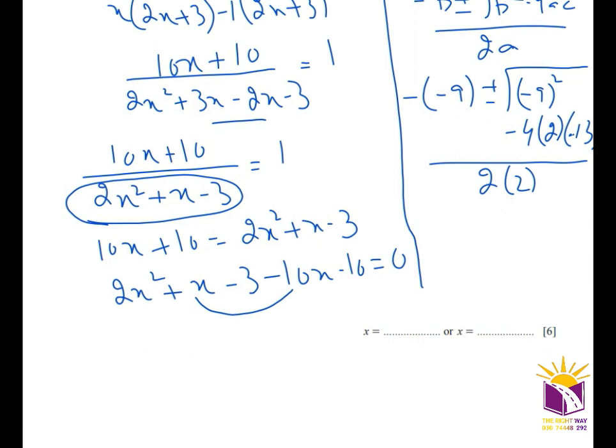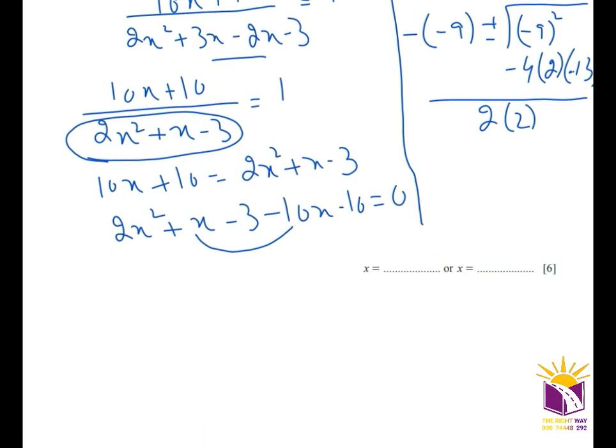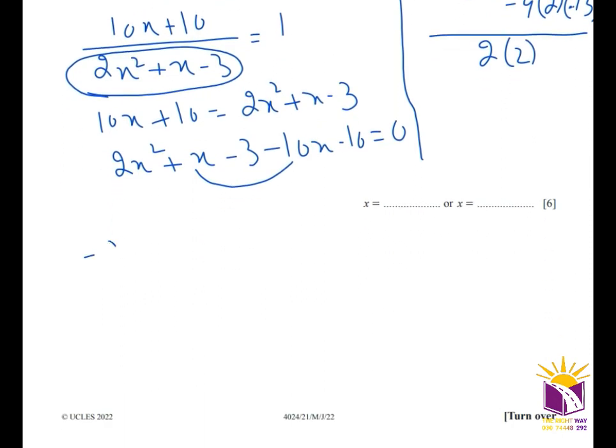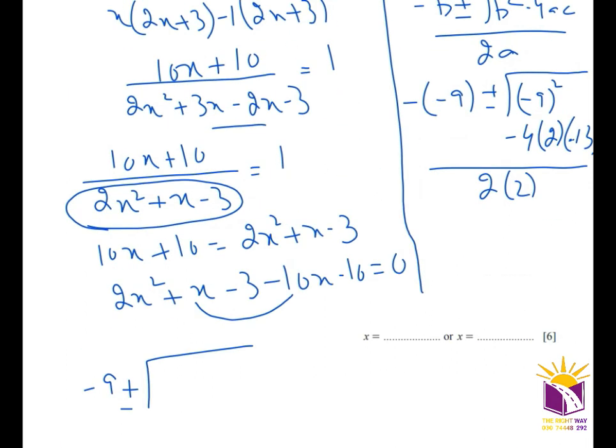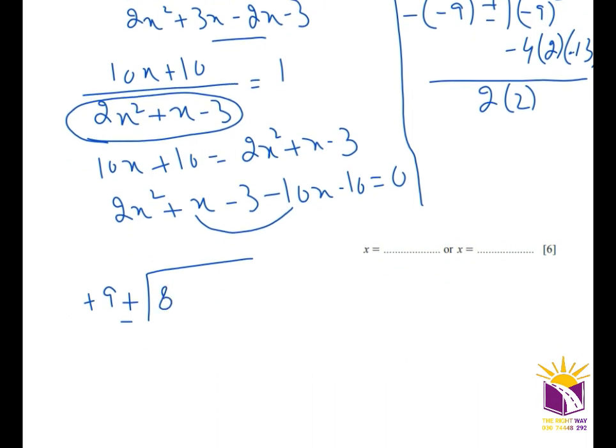I am solving it below, so it will become 9 ± √(81 + 4 × 2 × 13). 2 into 4 is 8, multiplied by 13 is equal to 104.